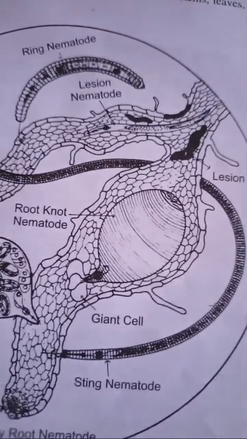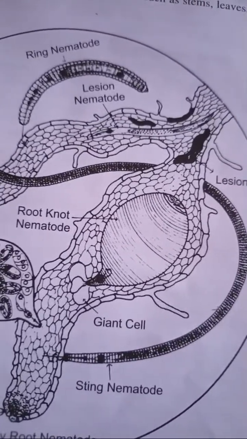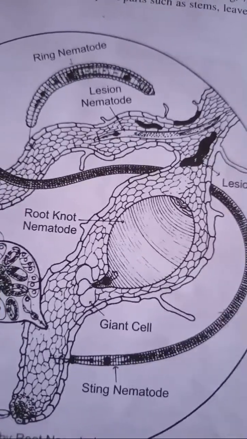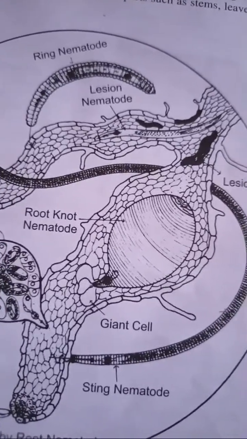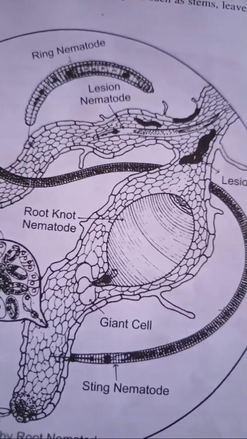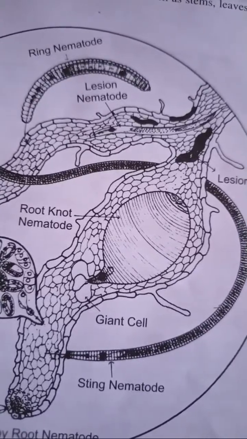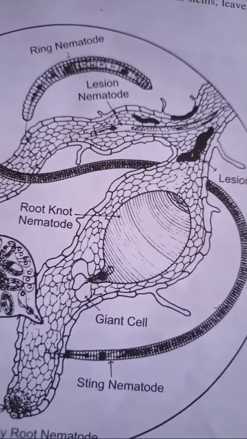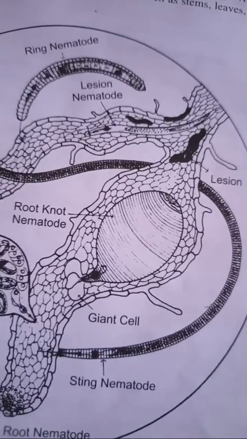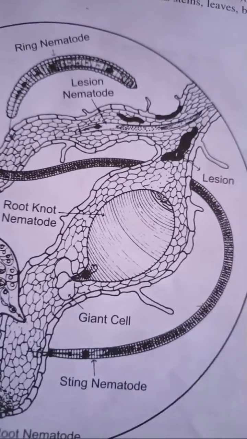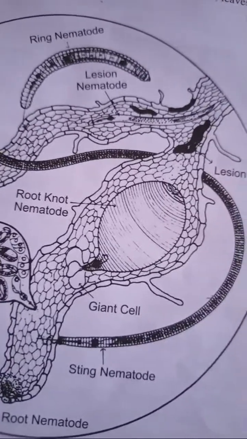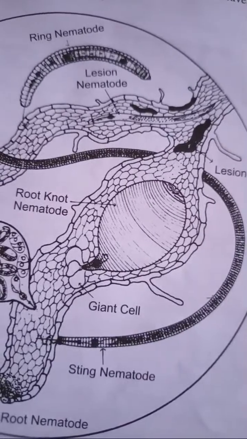And again, the second category is the semi-endoparasitic nematodes, of which you only have to mug up two, friends: the citrus nematode and the reniform nematode. Citrus nematode is Tylenchulus semipenetrans, while reniform nematode is Rotylenchulus reniformis.